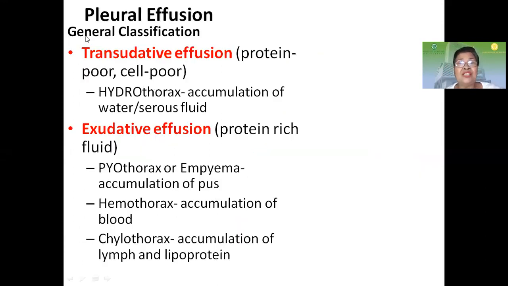Now, what are the general classifications of the fluids? Transudative effusion. So, we have transudates and exudates. Anong difference? Pag transudates, that's protein poor. That is cell poor. Example, hydrothorax, tubig lang.